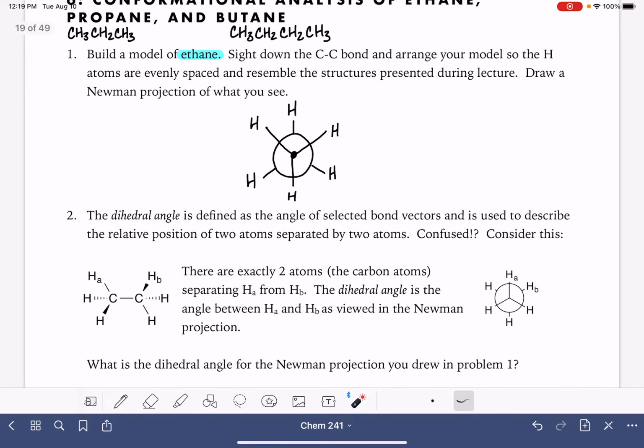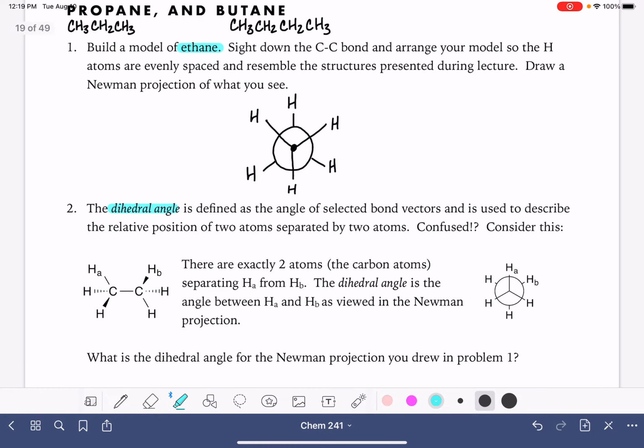The angle between these hydrogen atoms in these different projections and different conformations is referred to as the dihedral angle. It is technically defined as the relative position of 2 atoms that are separated by 2 atoms, which is super confusing, but it is looking at this particular angle right here, or it could be this one, or it could be this one.